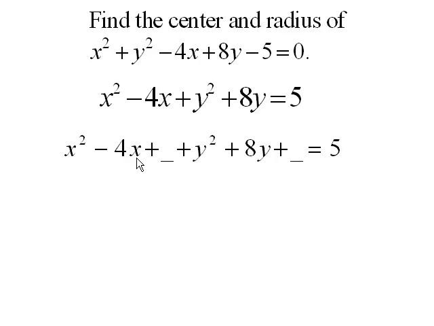So x squared minus 4x, and there's some magic constant that goes here. y squared plus 8y, and there's a magic constant that goes here, and those things have to make the equation balance with what it was, 5.